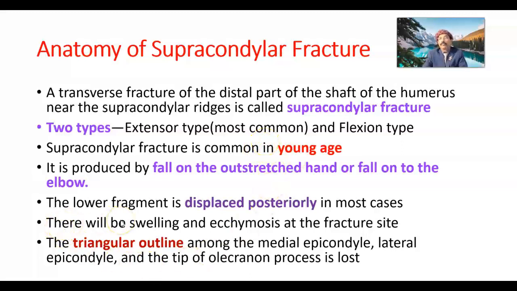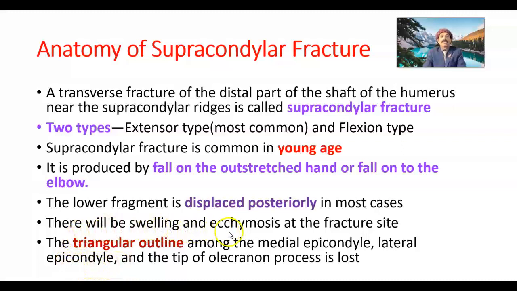But it happens in both boys and girls. It may happen at any age. It is produced by a fall on the outstretched hand or a fall onto the elbow. The lower fragment is displaced posteriorly in most cases.